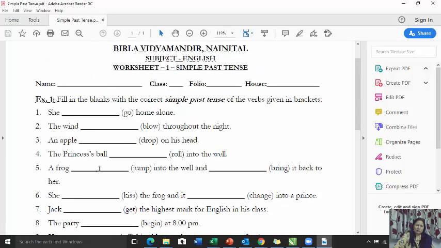Sometimes it is broken into two. A frog jump into the well and bring it back to her. So this is a kind of a story which is going on continuously. So what you have to do, here there are two verbs.